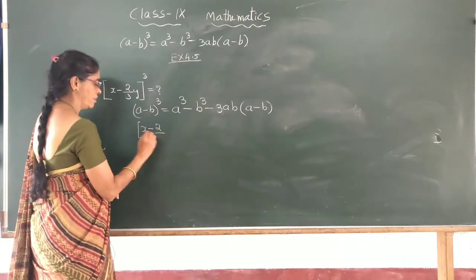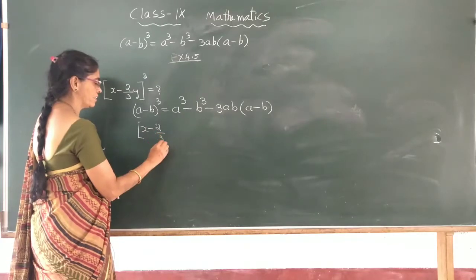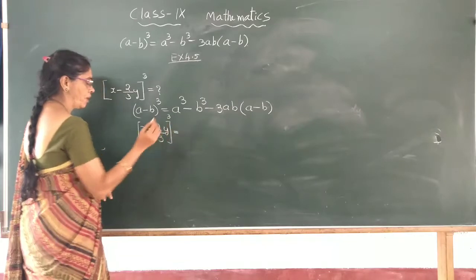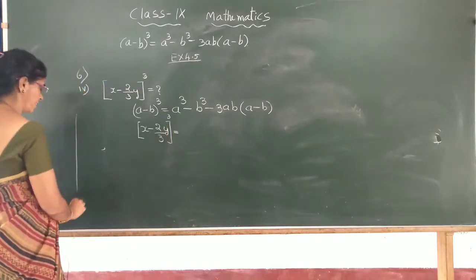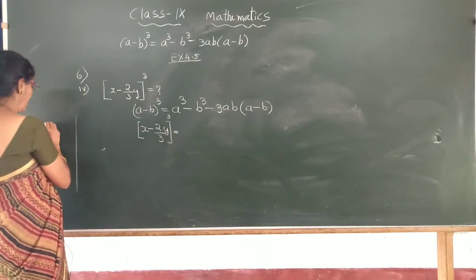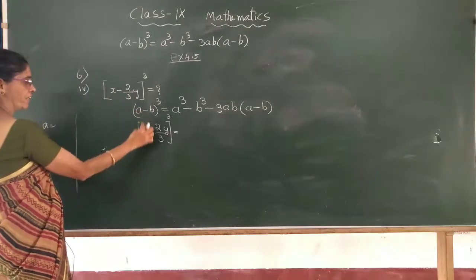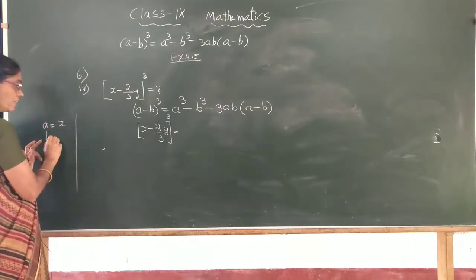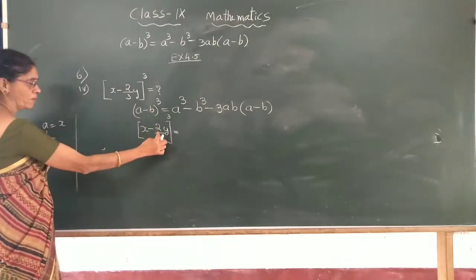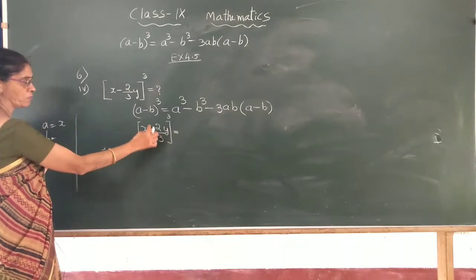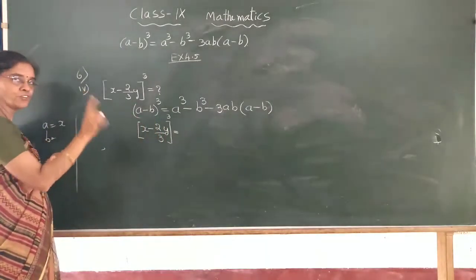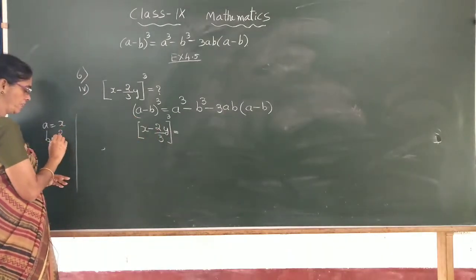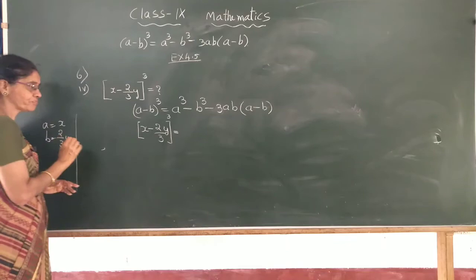The method is the same: (x minus 2 by 3 y) cube. For your reference, write a is equal to x in the given problem, and b is 2 by 3 y. No need to write the minus, because the minus is a separate sign in the formula.